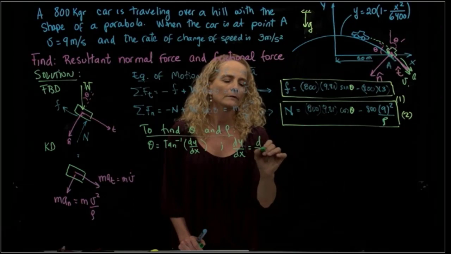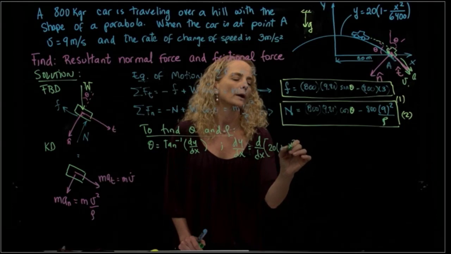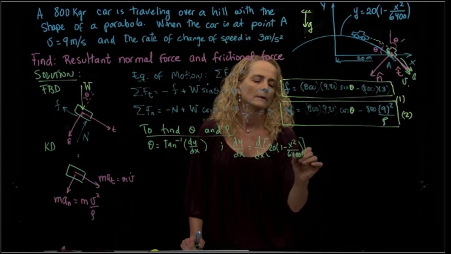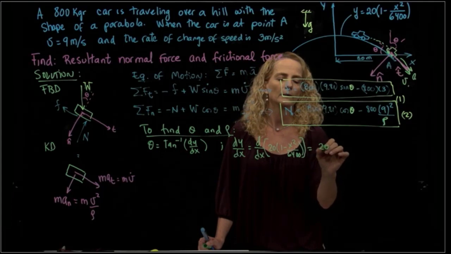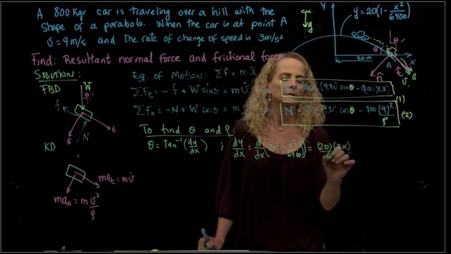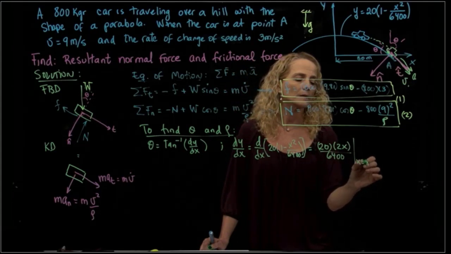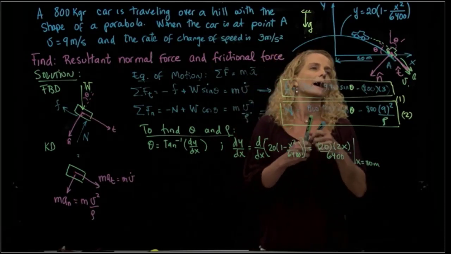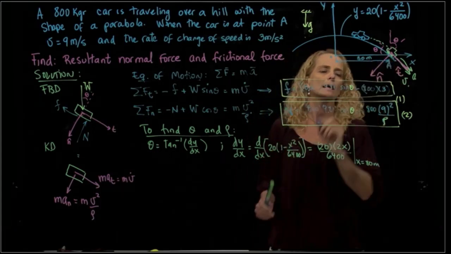So it will be the derivative of that equation, which is 1 minus x squared over 6400. That equals, since the first one is a constant, 20 times 2x over 6400, and I want to evaluate that at x equals 80 meters, because the distance from 0 to my point A is 80 meters.